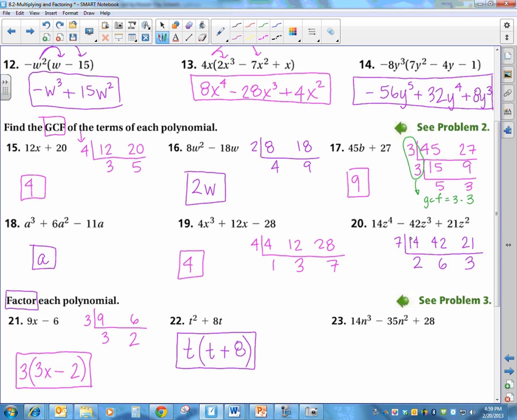These two are primes, so they have nothing else in common. We have our 7. Each of them has a variable of z, and the smallest exponent is a 2.